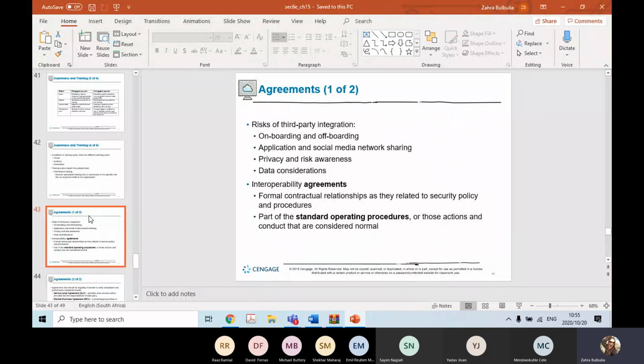And of course, when they resign, how do you offboard them? Application and social media network sharing: you've got to think about what the policy would be in relation to this within your organization. Privacy and risk awareness training would be important for your new person coming in, for sure.